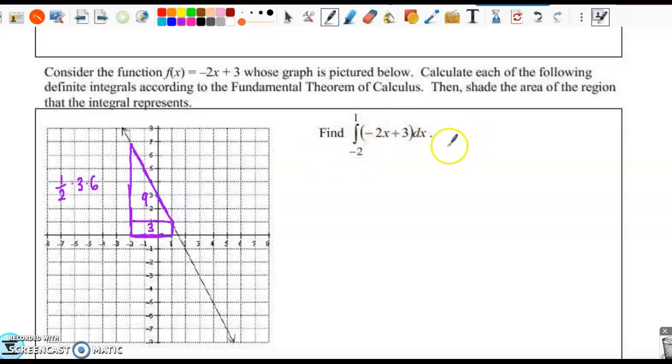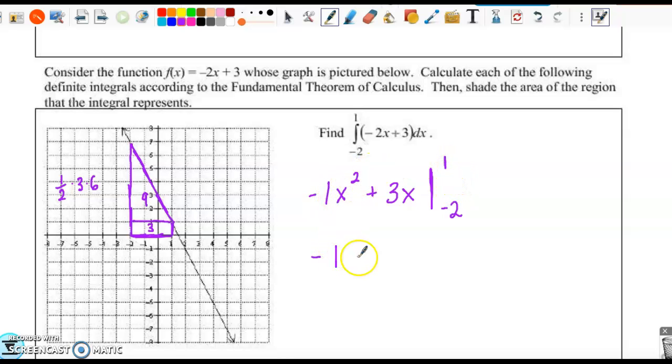But if we actually work this out, what you do is the integral, or antiderivative, where you add 1 to your exponent and you divide by that new exponent. Well, 2 divided by 2 is just 1, if you want to write that down, plus 3x. Notice that I'm leaving off the plus c, and then you have your bounds from -2 to 1. So what you do is you plug in those values. So plug in 1 in for x.